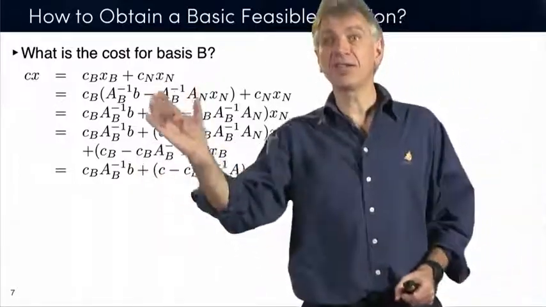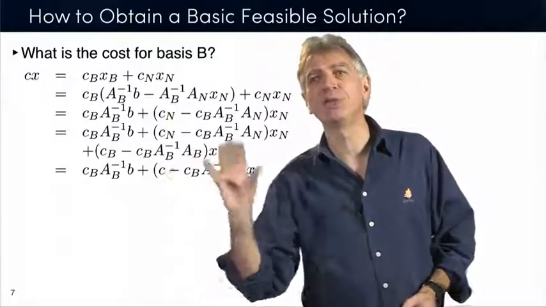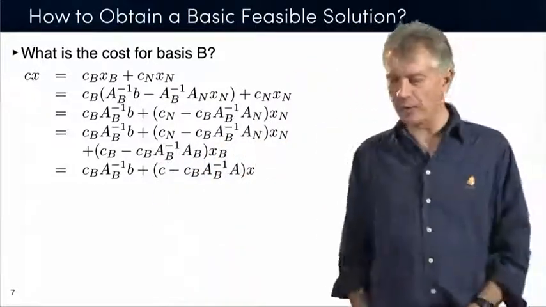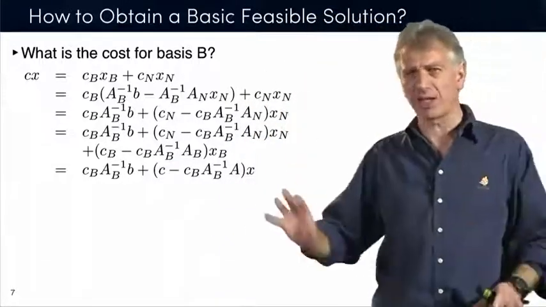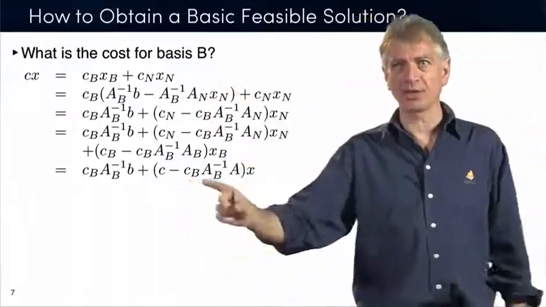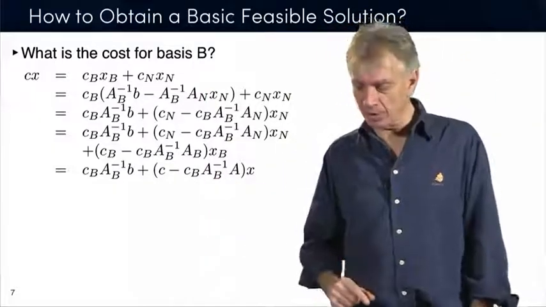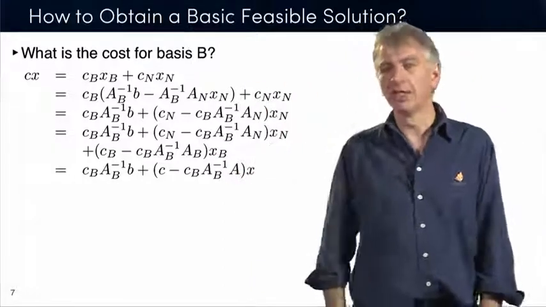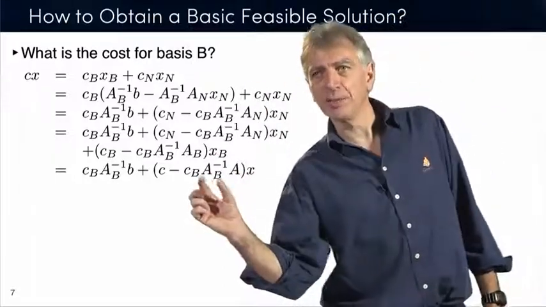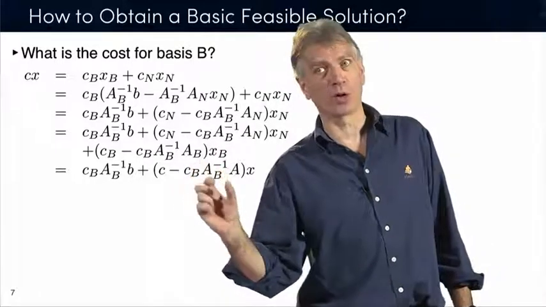But now when I re-express these two terms together, I get this really beautiful expression, which is C, no basic variables, no non-basic variables, the entire row of coefficients. Then I get Cb times Ab inverse, and then I have the real matrix A. So in a sense, the only thing here which depends on the basis is this expression in the middle, and this is very important, and you'll see why.